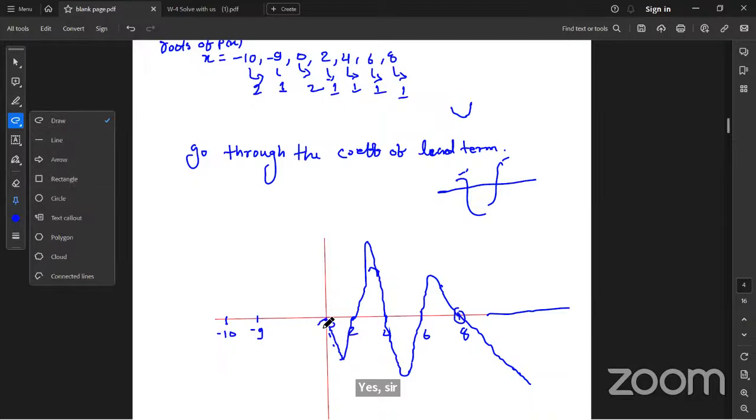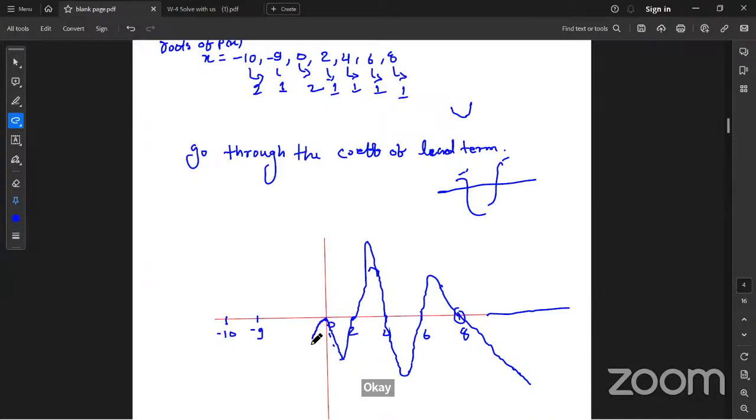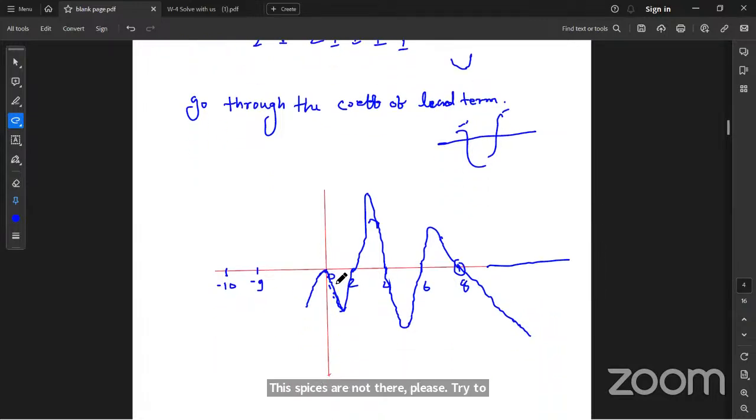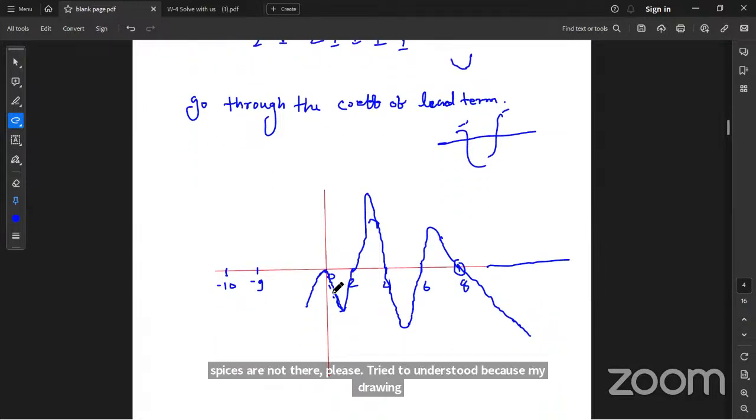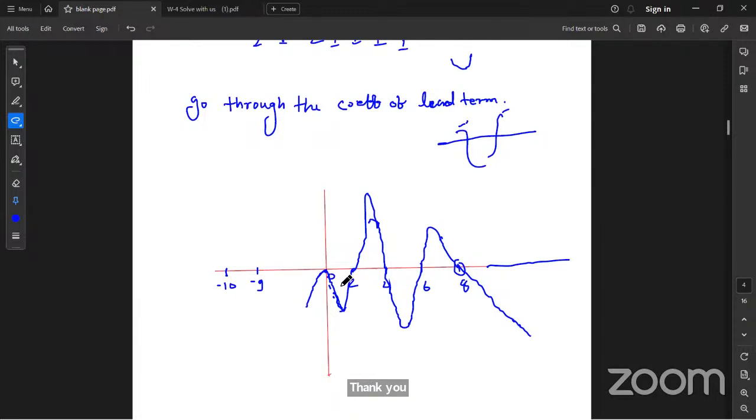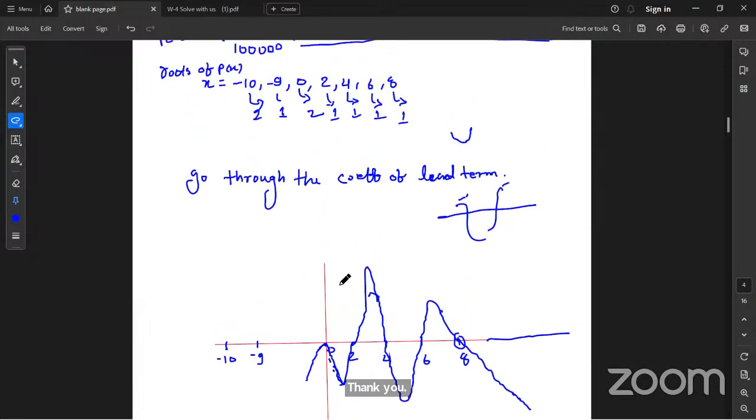It's bad actually. Okay, just manage it. Somehow I am trying to draw. Up to 0 it's fine, right?